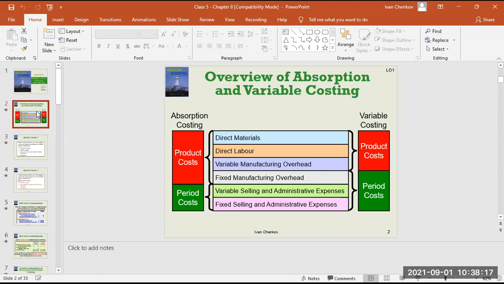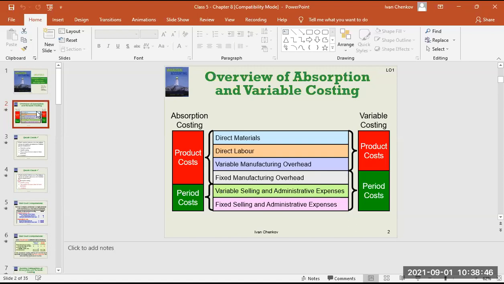And we already saw that the manufacturing component can be broken into variable manufacturing overhead and fixed manufacturing overhead. Same is applicable to the period cost. They can be broken into variable cost and fixed cost. For that reason, we can have absorption costing and variable costing for the product.